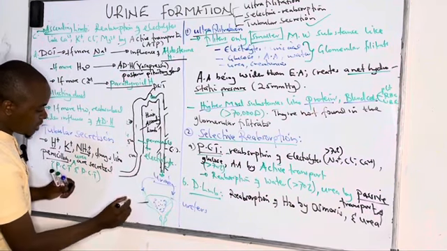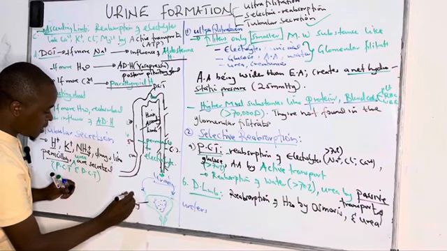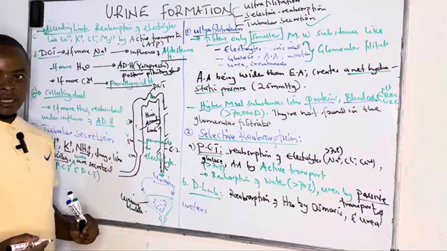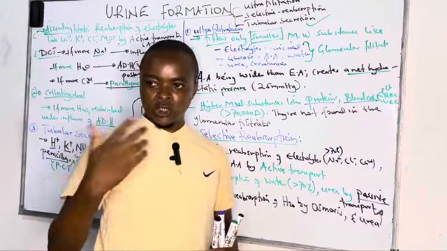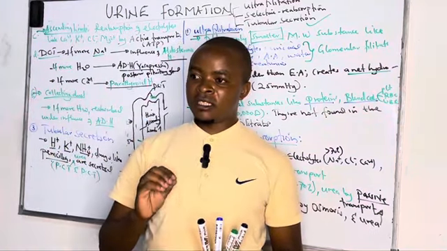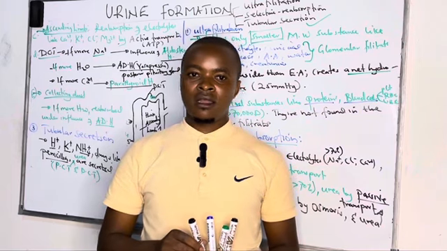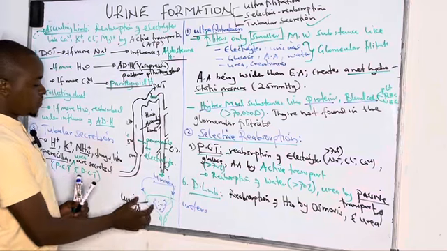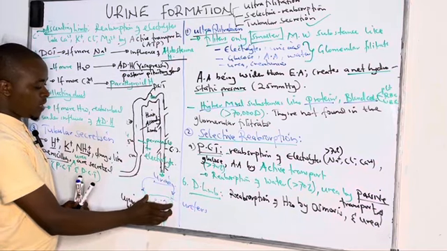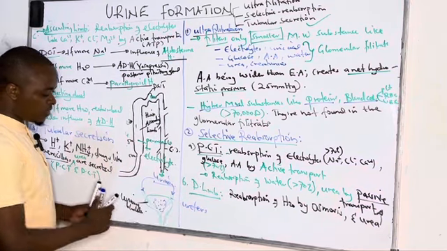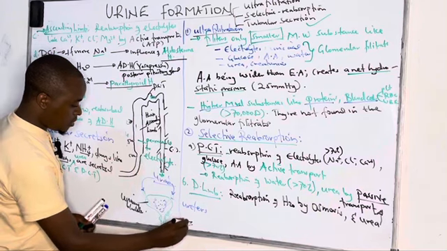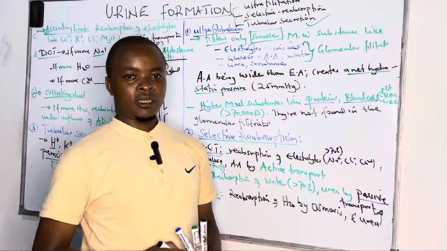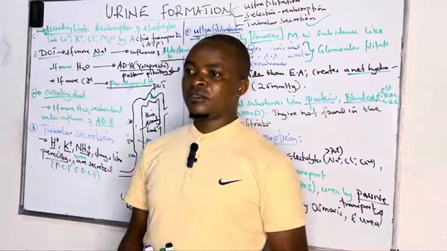It is then excreted at intervals via the urethra. That's how we excrete urine. And this is what marks the end of urine formation.